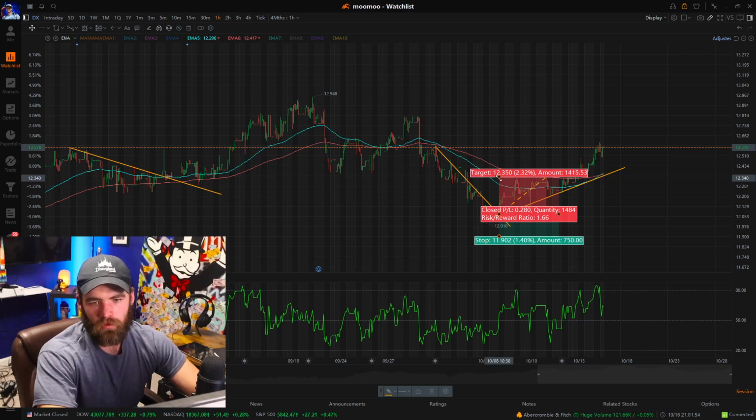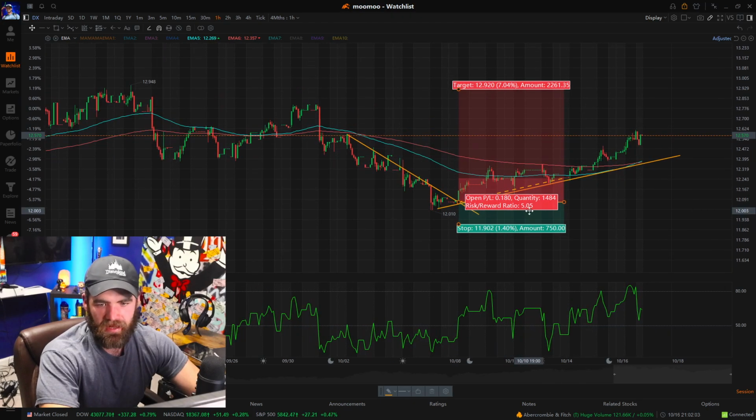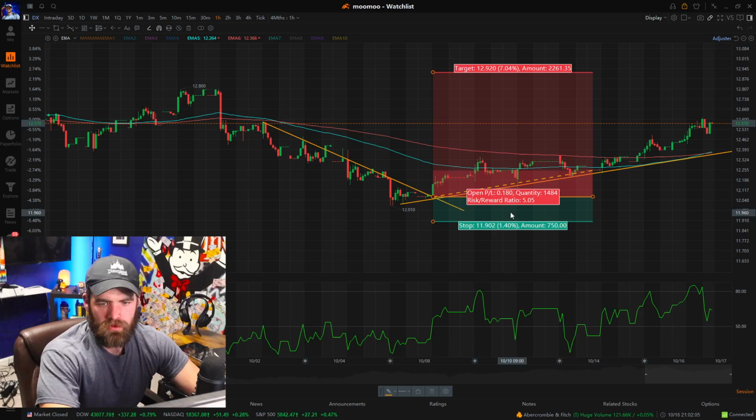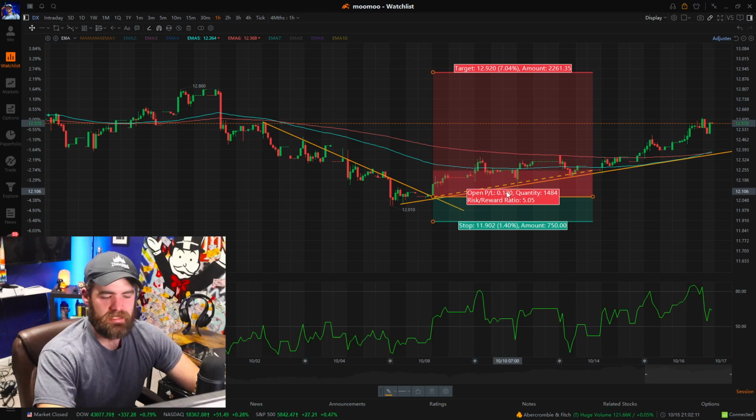So now we want to just drag the top part all the way up here. So what this does is it breaks down your risk and reward. So now the risk and reward ratio is 5.05. So what this means is I can risk $1 to make $5.